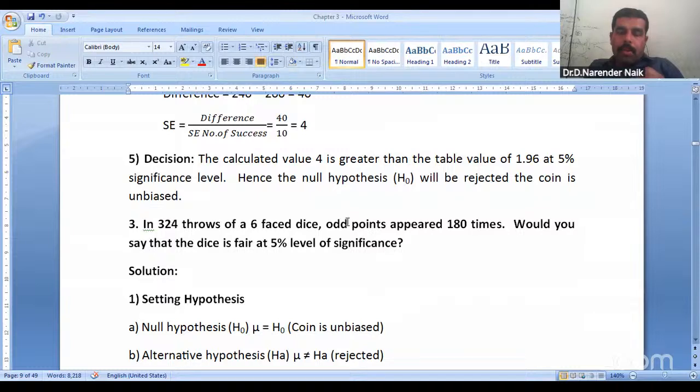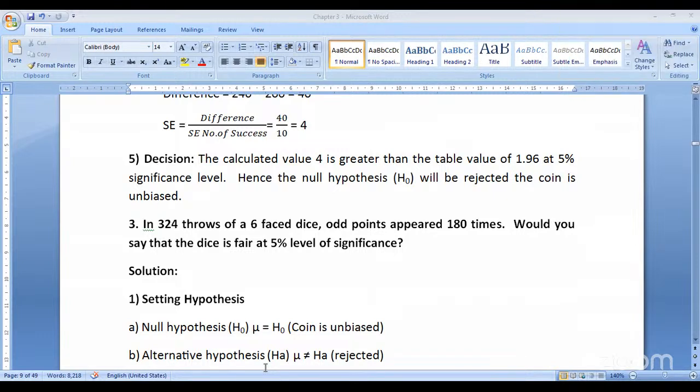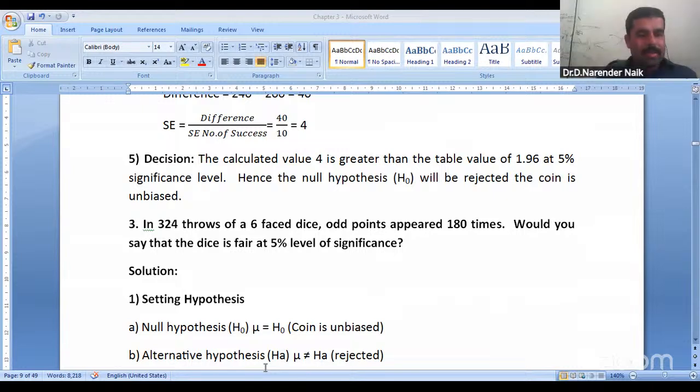Odd points 180 times. The remaining is 324 minus 180, that is 144.